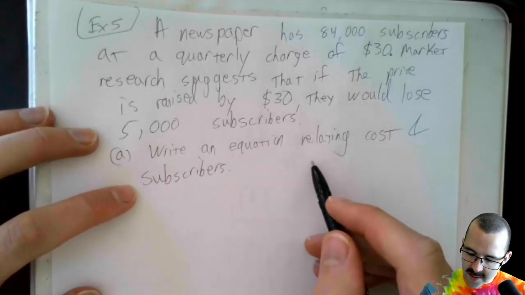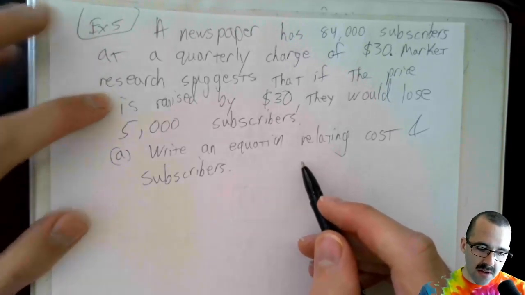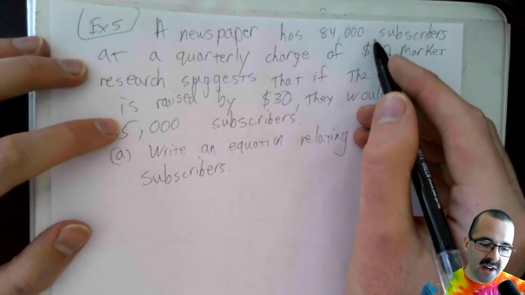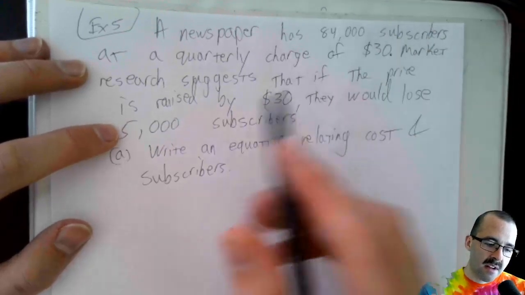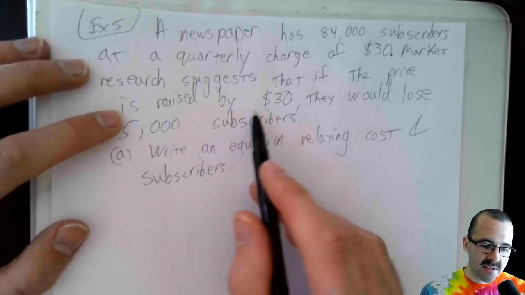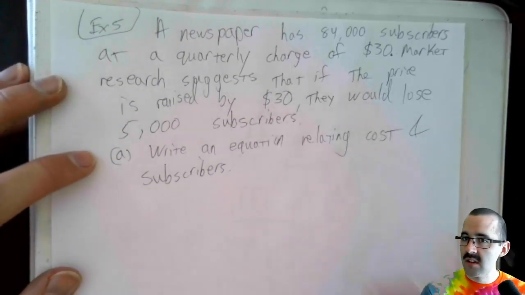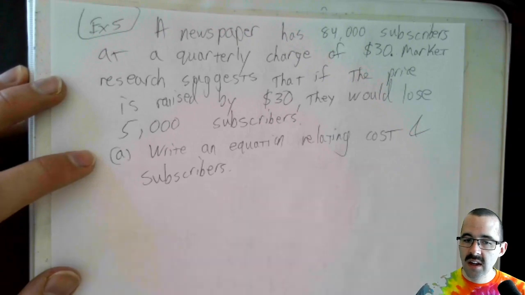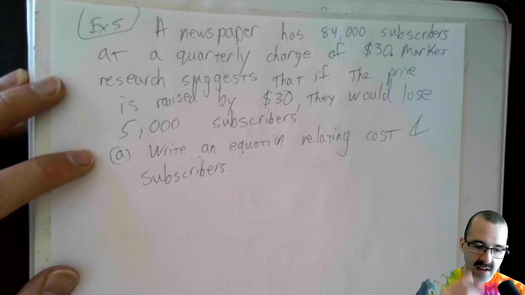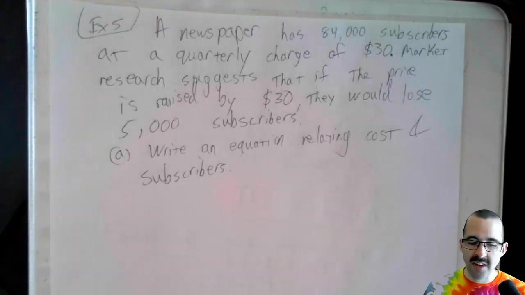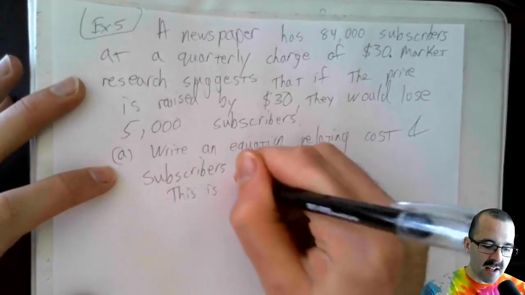Cost and subscribers. Notice that they have 84,000 right now with a cost of 30. They would lose 5,000 subscribers if the cost increased by 30 to 60. This is a linear equation. This is a line, and hopefully you remember how to find the equation of a line.